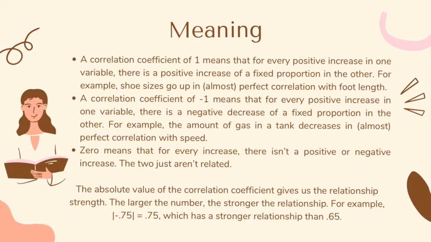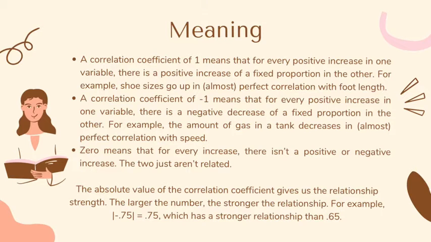A correlation coefficient of 1 means that for every positive increase in one variable, there is a positive increase of a fixed proportion in the other. For example, shoe size goes up in almost perfect correlation with foot length.